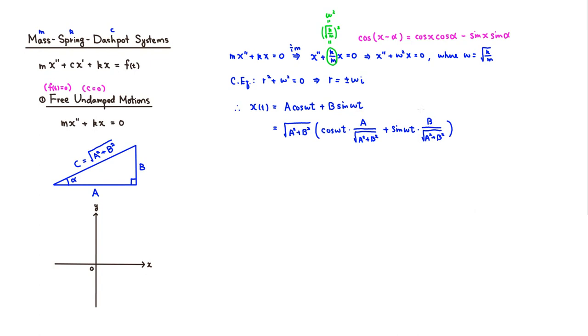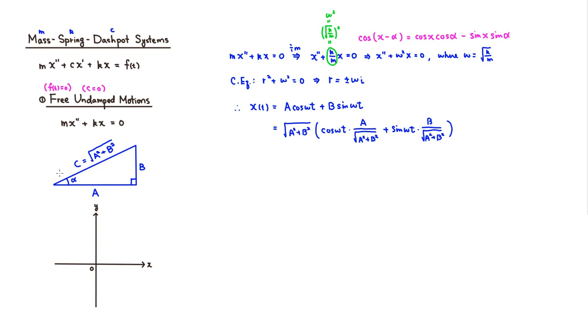If you look at this right triangle that I just drew, I'm going to put b here and a there. b is the opposite and a is the adjacent, so using the Pythagorean theorem, the hypotenuse is the square root of a squared plus b squared, and the angle is some angle alpha.